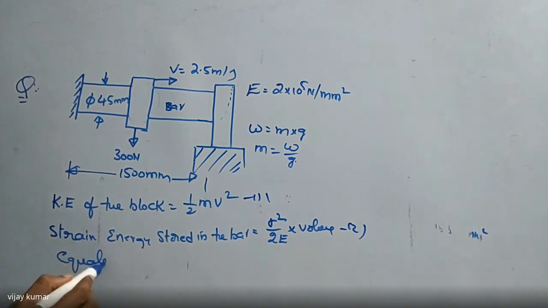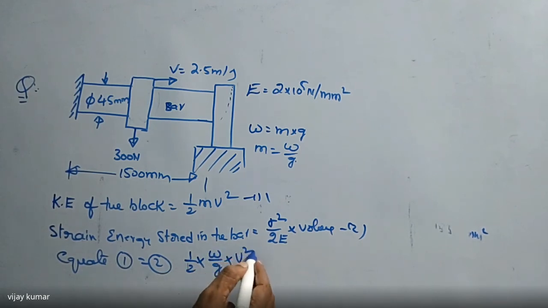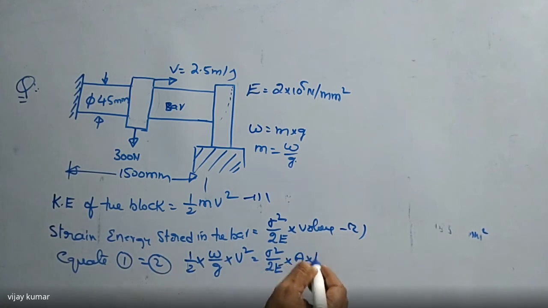I'm going to equate one with two after impact. Then I'm writing here half into W by g into v square is equal to sigma square by 2E into volume, which is nothing but area into length. So here I'm going to find the sigma value.